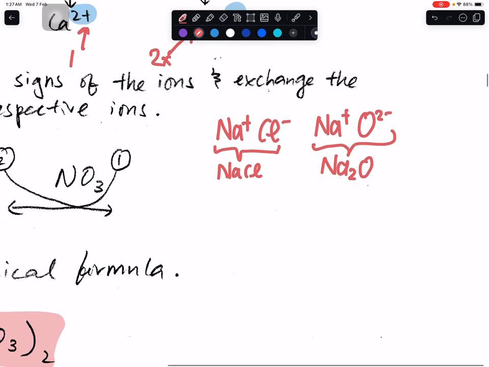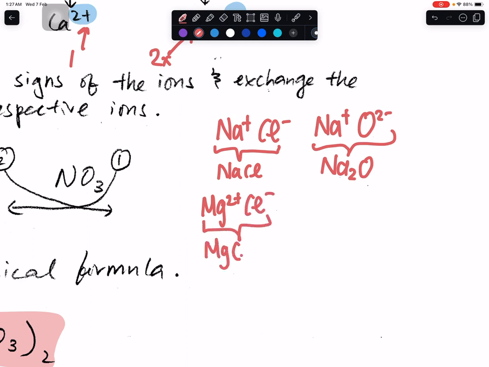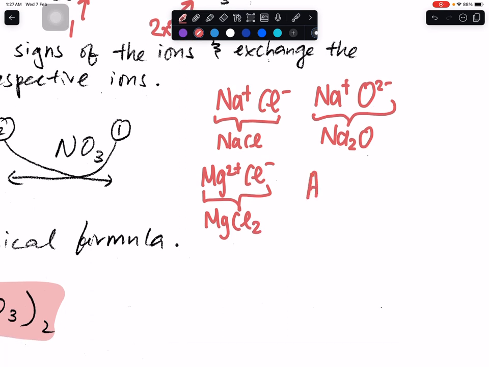Another example, let's say if I have Mg2+ and Cl-, this will add up to give me MgCl2. To give you something a little bit harder, let's say I have Al3+ and O2-. This will add up to give you Al2O3.